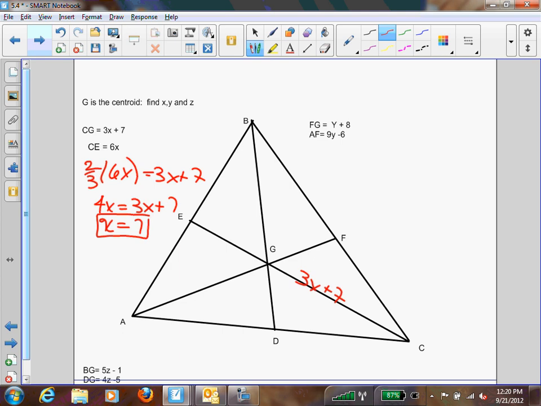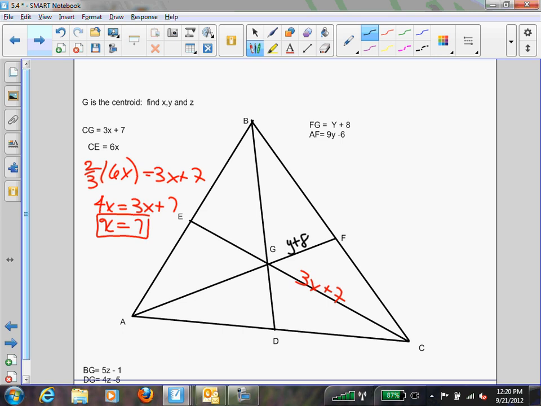Okay? What kind of relationship do I do with the fact that FG is y plus 8 and AF is 9y minus 6? What's that one going to be? The whole length is 9y minus 6.